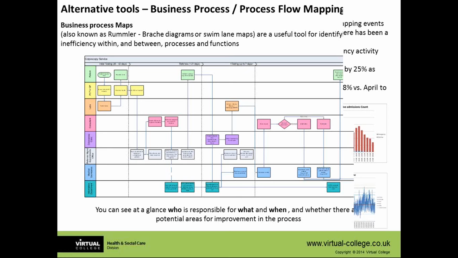What they do, those are the individual boxes. So you can see the patient is involved 4 times in the process, touch points at those particular times, and also when. The little dashed lines down the bottom are phases. So initial testing up to 42 days, referrals up to 21 days, testing. So you can see at a glance who does what and when quite easily on a very clear sheet.